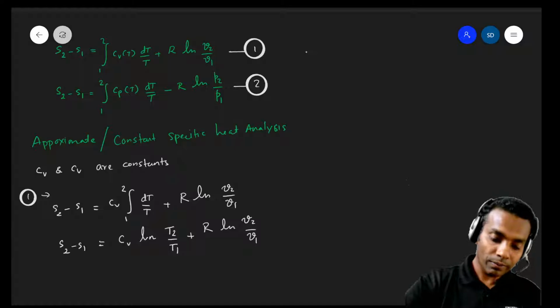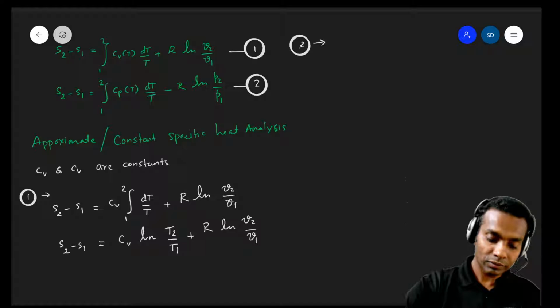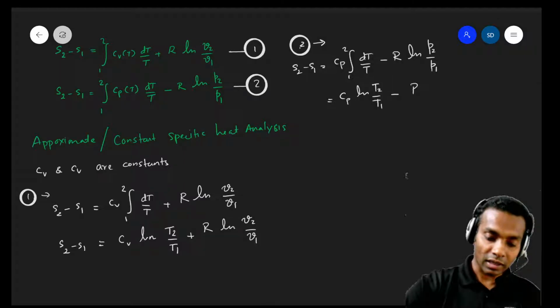From equation 2, we can obtain that S2 minus S1, now Cp is a constant, take it out of the integral from 1 to 2 of dT over T, minus R natural log of P2 over P1. Now by integrating the first integral, we get Cp natural log of T2 over T1 minus R natural log of P2 over P1.